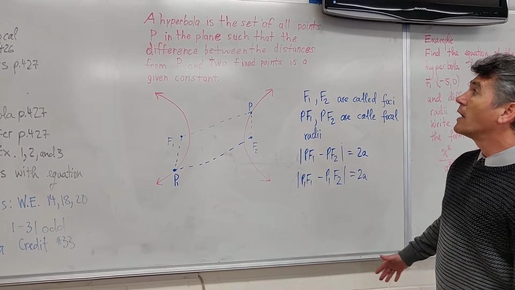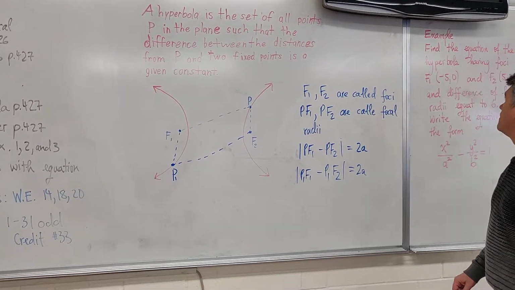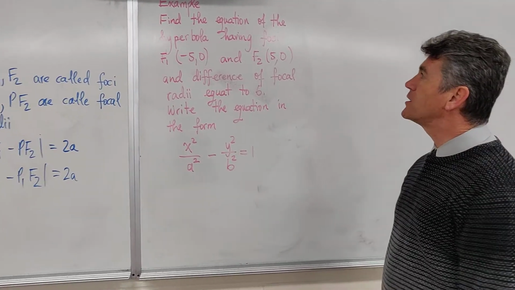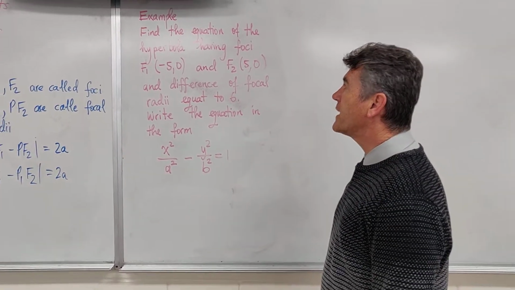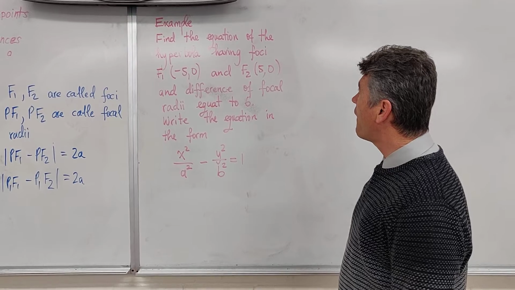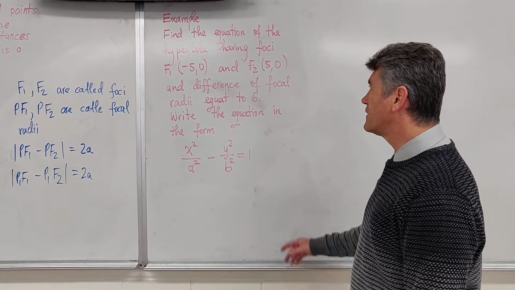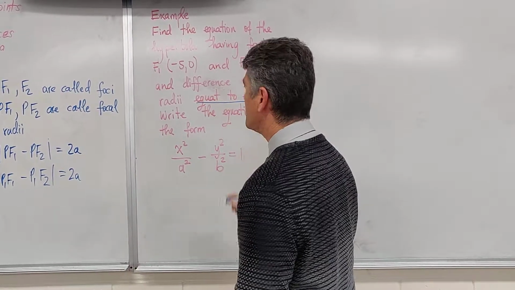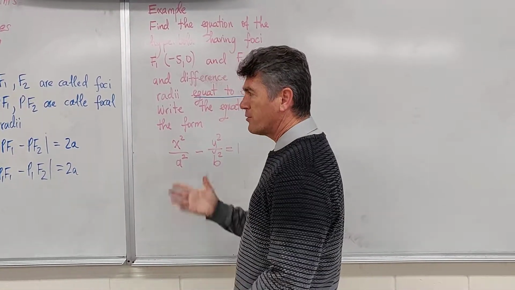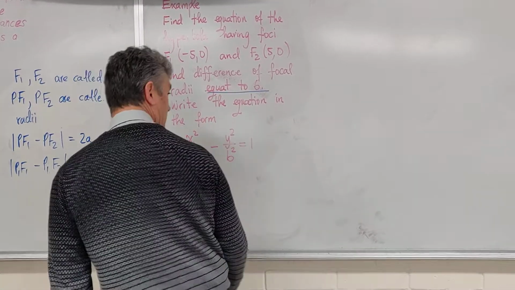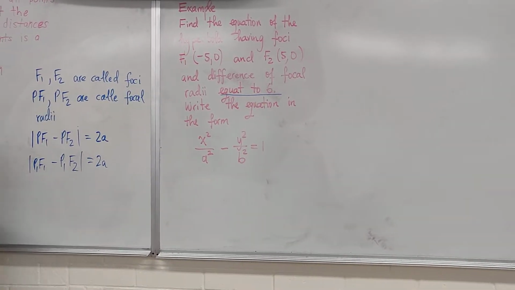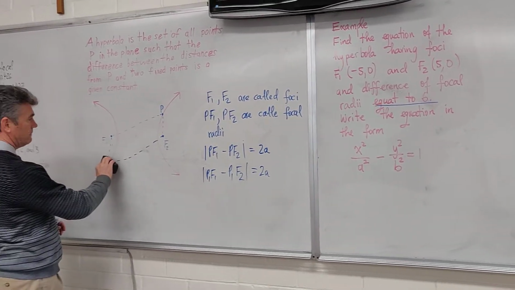Okay, let's actually do an example. For our example, we have: find the equation of the hyperbola having foci (-5, 0) and (5, 0), and difference of focal radii equal to 6. So I'm going to go back to our example, and I will erase P sub 1, we don't need it.